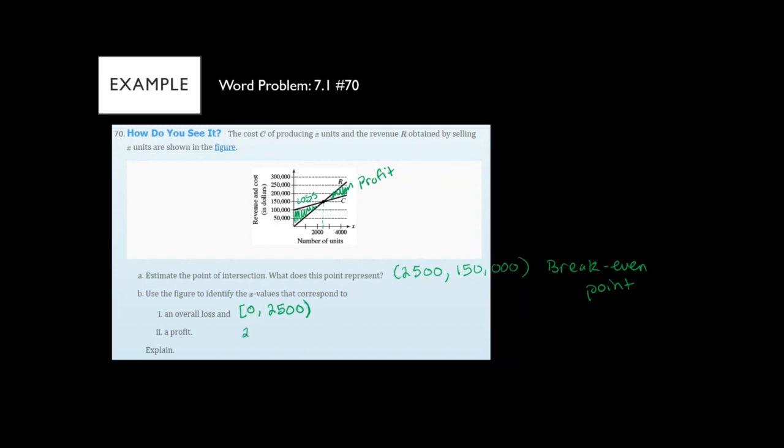And then it's above the break-even point. And we don't have an endpoint, so basically to infinity, where we are gaining money. So 2,500 to infinity, because according to this graph, I don't know where it ends. But anything larger than 2,500 units, we would be making a profit. And the explain is basically everything I just said in words.